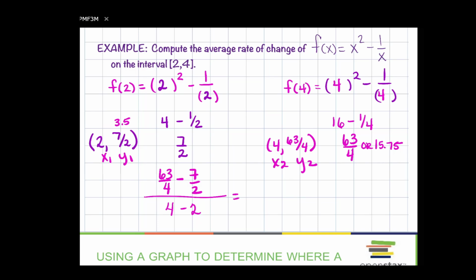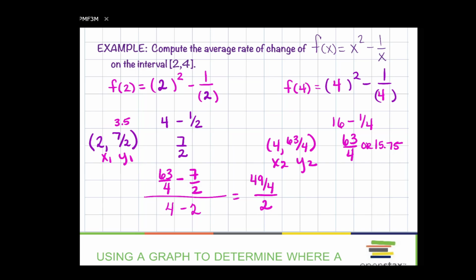So on the top, we have 63/4 minus 7/2, which is 49/4, which is the same as 12.25 if you're doing it the decimal route, divided by 2.